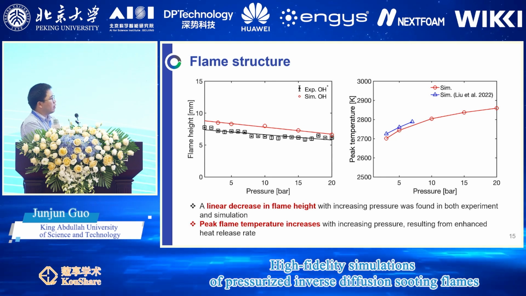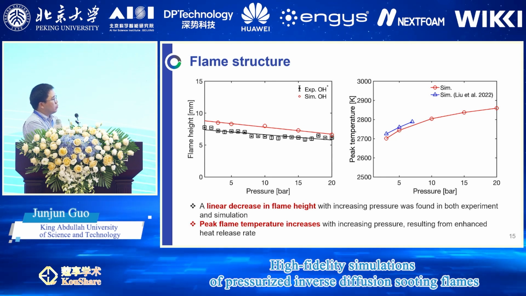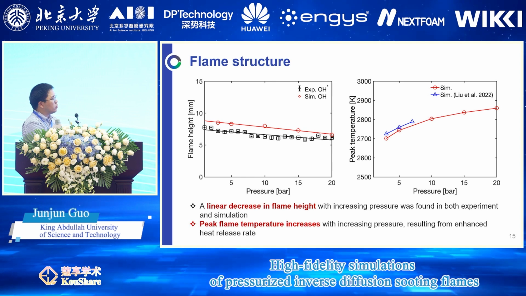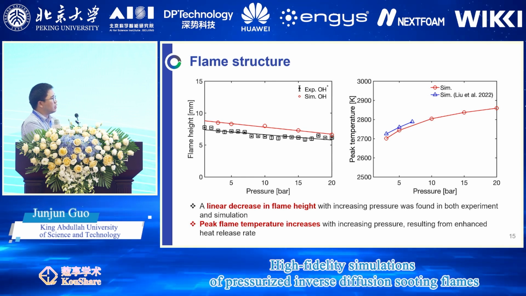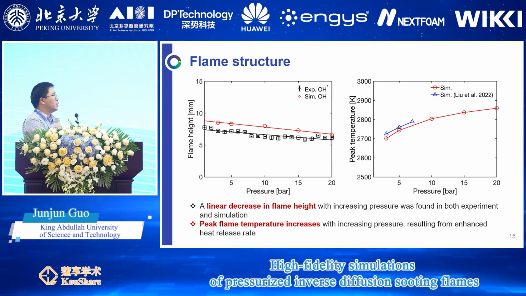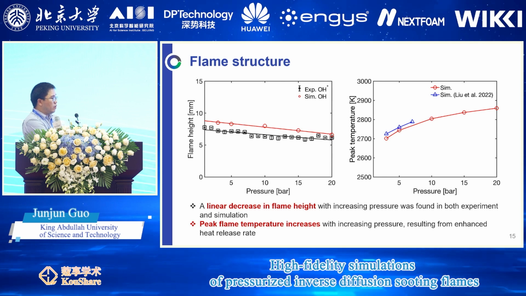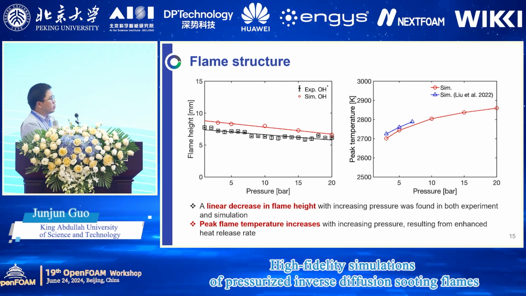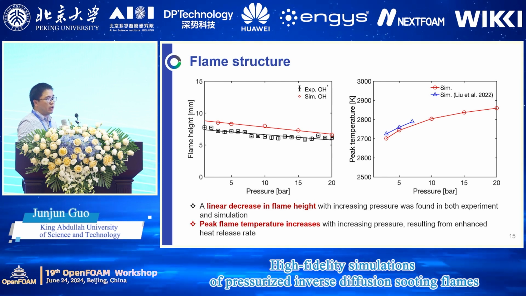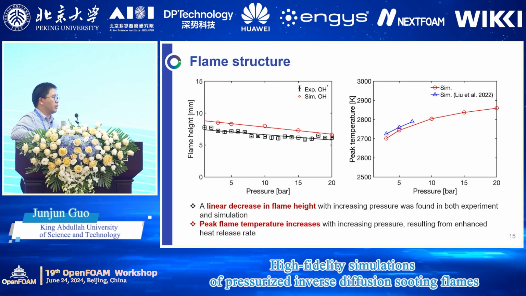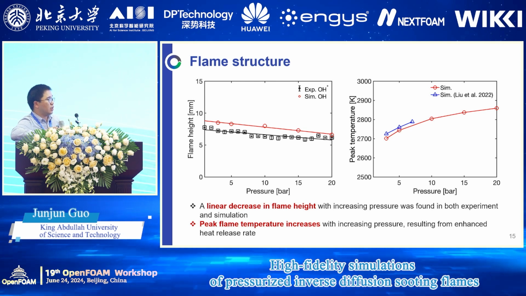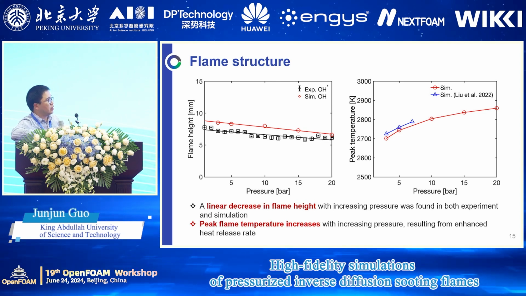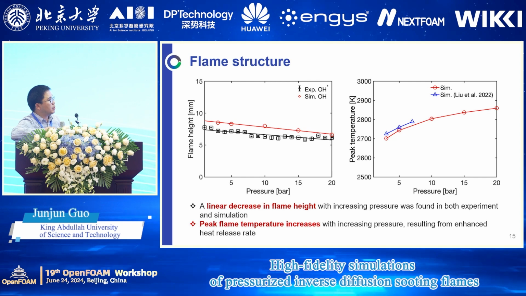You see that we basically capture this linear decrease in the flame height, but slightly over-predicted. And this decrease is because as we increase the pressure, we increase the pyrolysis rate, and you will also find that the peak temperature is also increased.